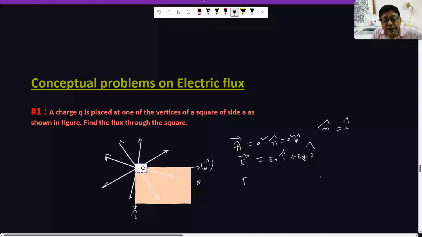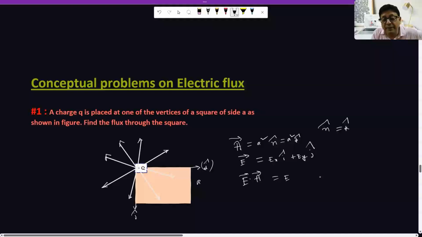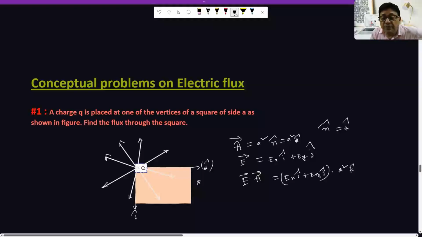If you find E dot A now, just use the dot product. Whatever electric field is there at any point, that Ex i cap plus Ey j cap, dotted with A square into k cap. This k cap vector is normal to the plane of this area. So this is going to be Ex A square i dot k.